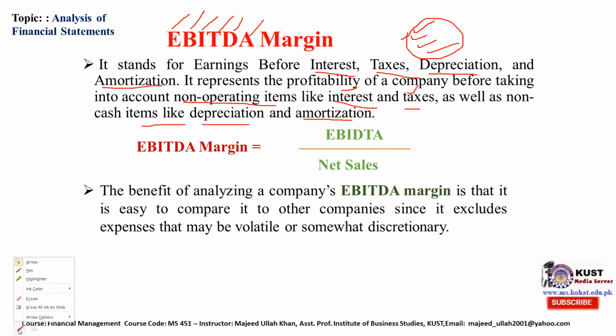What are the benefits of this ratio? The benefit of analyzing the company's earnings before interest, taxes, depreciation and amortization margin is that it is easy to compare to other companies. It excludes expenses that may be volatile or somewhat discretionary. As I discussed earlier, it eradicates those problems that occur in a company due to its accounting policies.